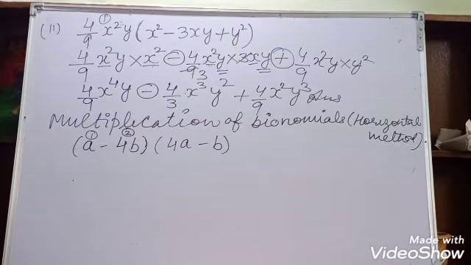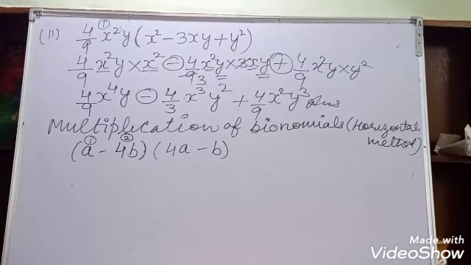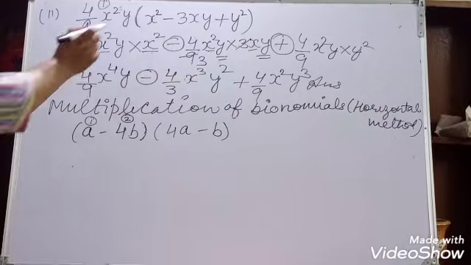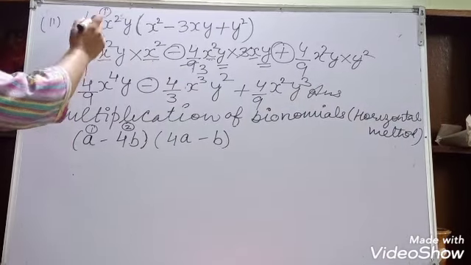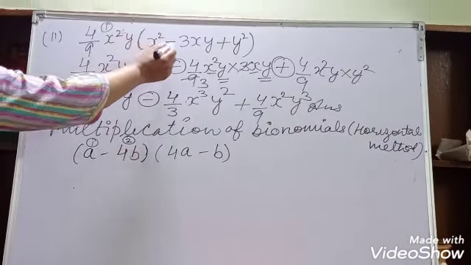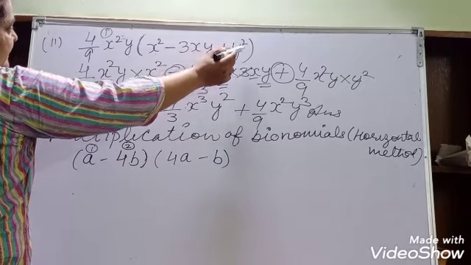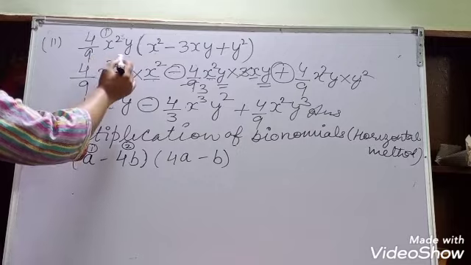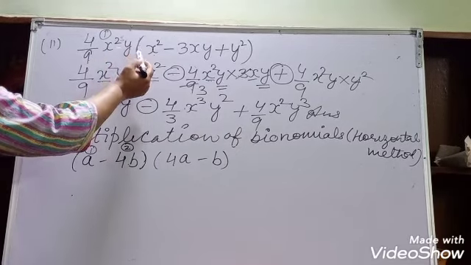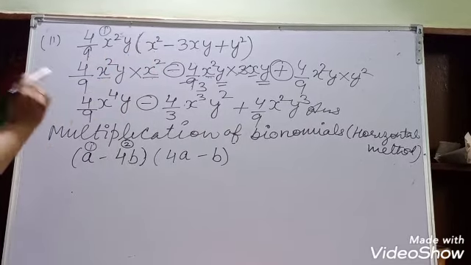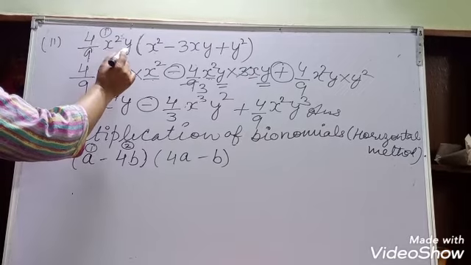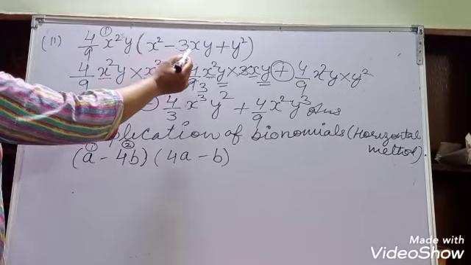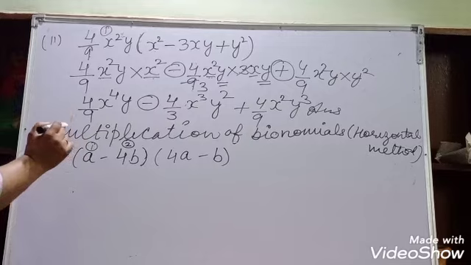Now class, let us do one more example on multiplication of monomial with the trinomial. 4 over 9 x square y into x square minus 3xy plus y square, brackets close. Now class, if there is no sign between the term and the bracket, it means there is sign of multiplication in it. Okay. Now 4 over 9 x square y will be multiplied with each term that is inside the bracket.